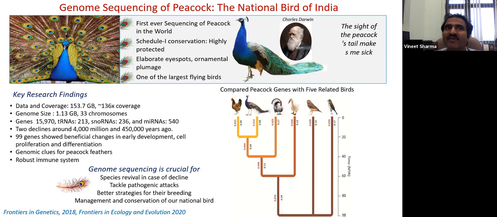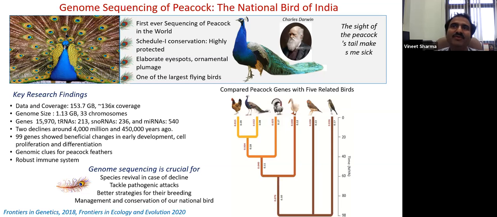And second, we could find a very strong, directed evolution in the immune related genes. So for this particular bird, there is a natural selection in which the female peacock finds a mate by looking at the eye spots. So basically she counts the eye spots on the peacock, and these eye spots are a true reflection, or indicator, of how strong the immunity of that peacock is.